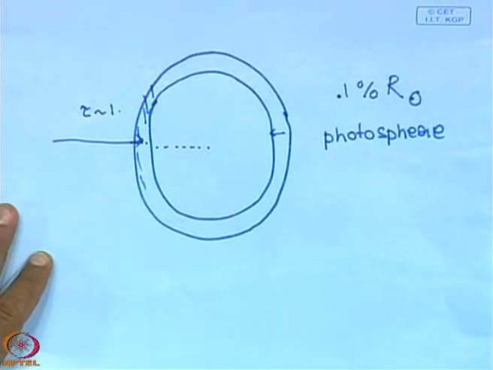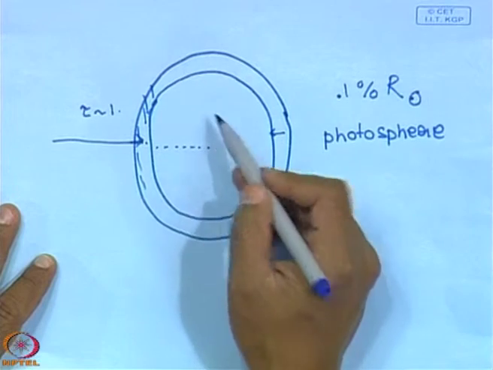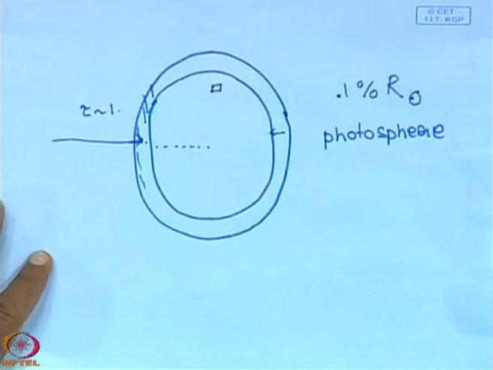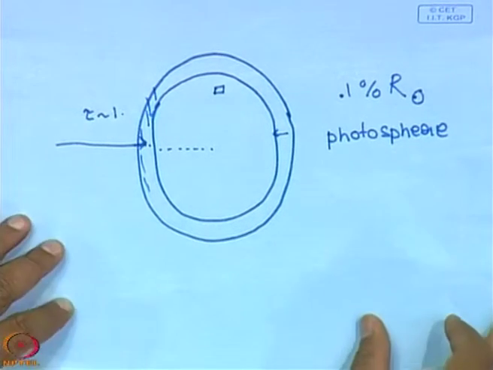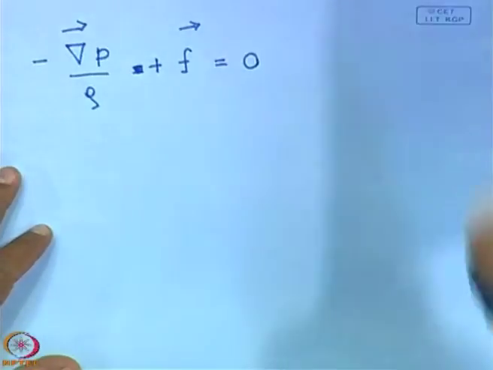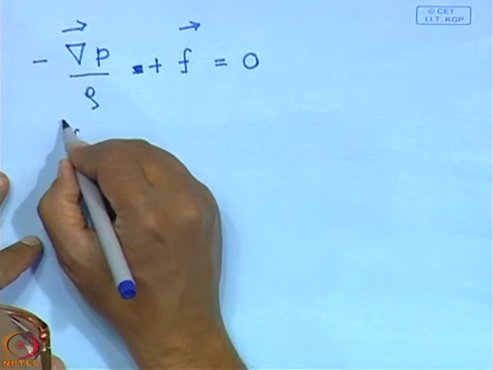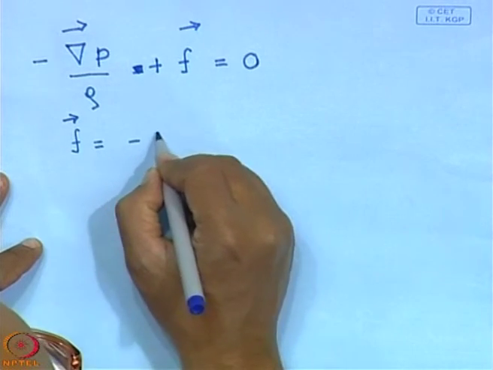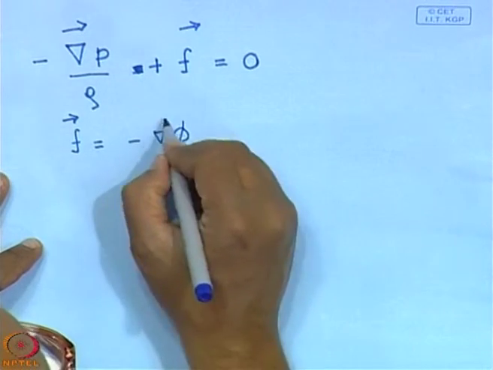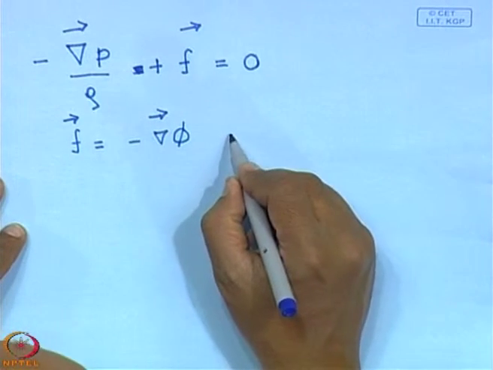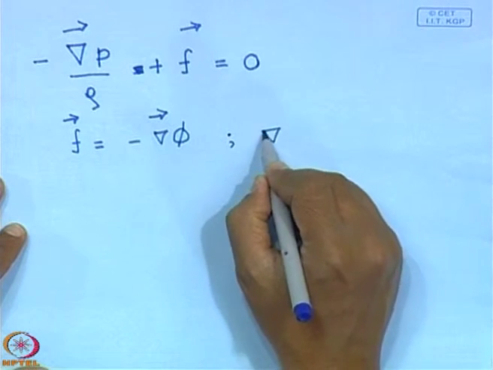Now, in the situation that we are dealing with, the force per unit mass on any element of this fluid is essentially the gravitational force. So, we can represent the gravitational force in terms of a potential. So, this is minus grad phi, where the potential satisfies the Poisson equation.